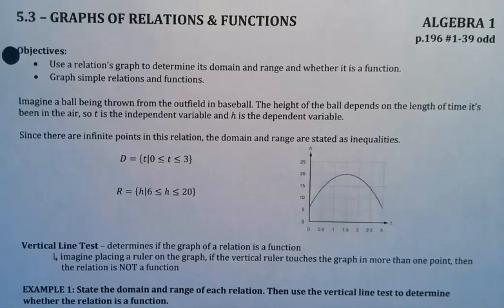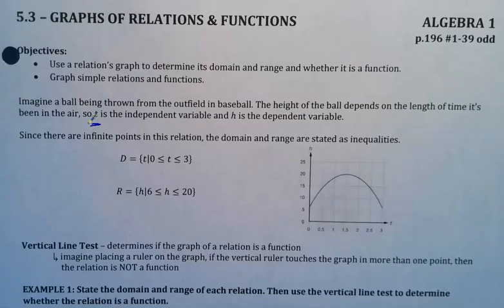So first up, if we imagine a ball being thrown from the outfield in baseball, can you imagine that? The height of the ball depends on the length of time it's been in the air. So t, what's t? A variable for what? For time. T is for time, right?